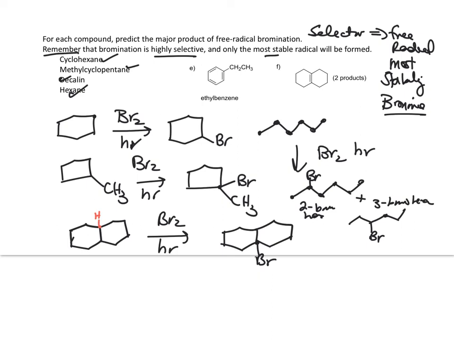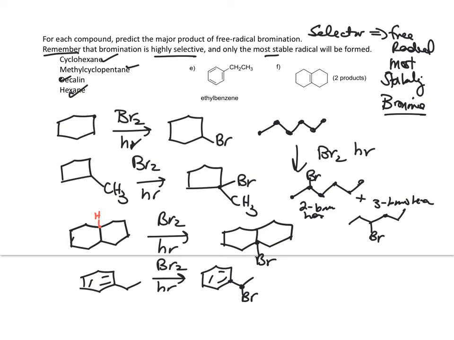Ethylbenzene, this is going to generate your benzyl radical. So ethylbenzene would be this compound here, and you would generate the bromine there, the benzyl radical.